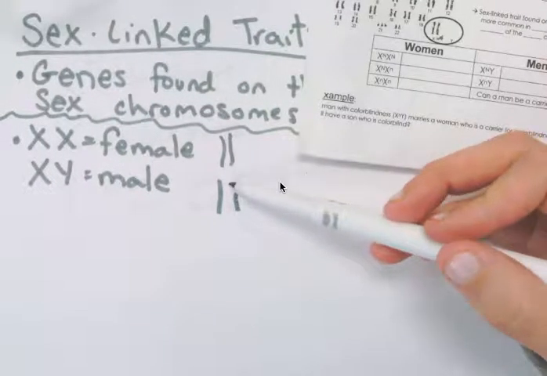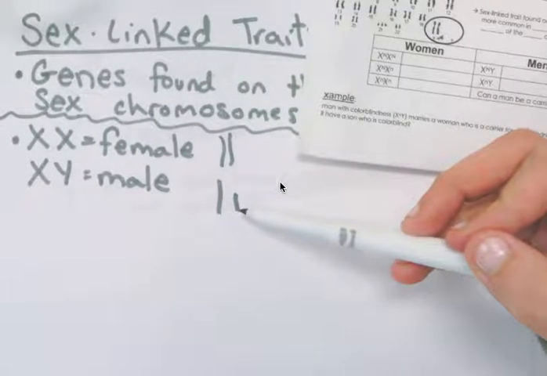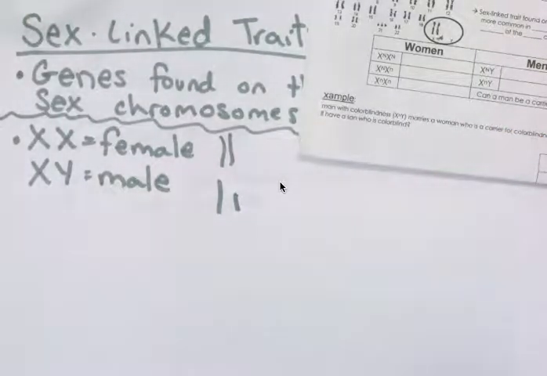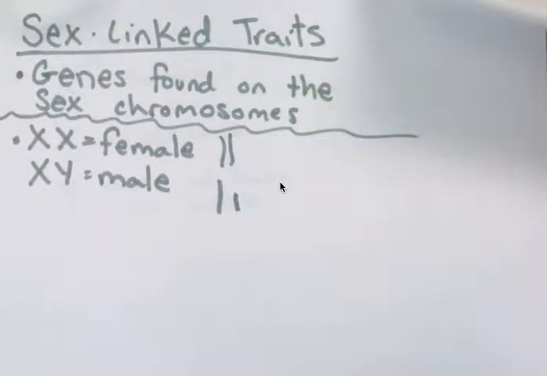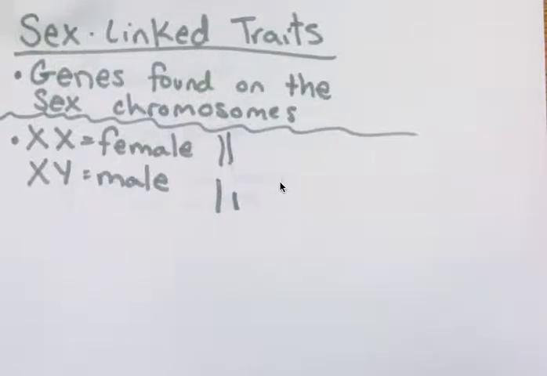This difference in chromosome structure will have an impact on how particular traits are inherited from one generation to the next. And being male or female will change your likelihood of inheriting certain sex-linked traits.